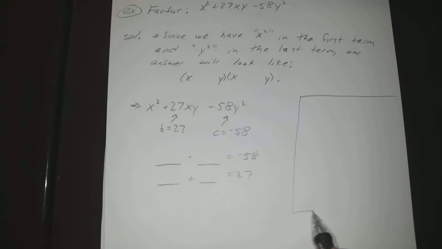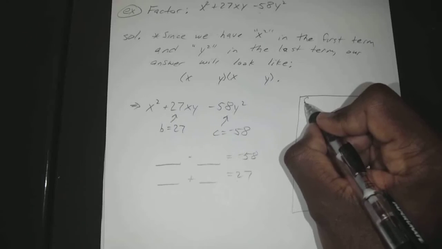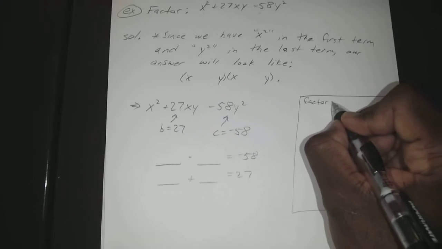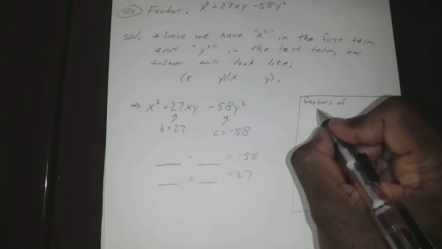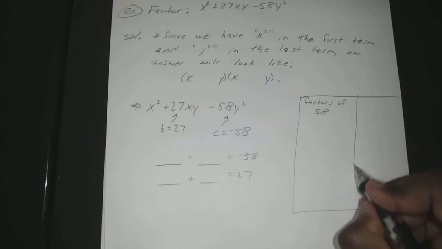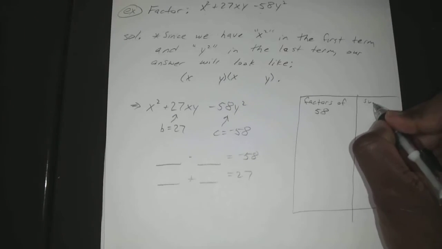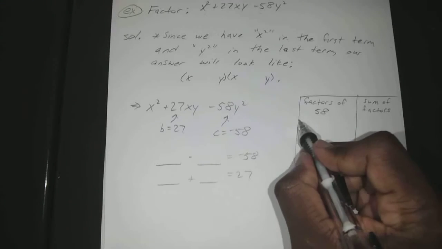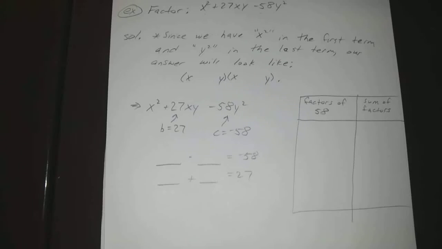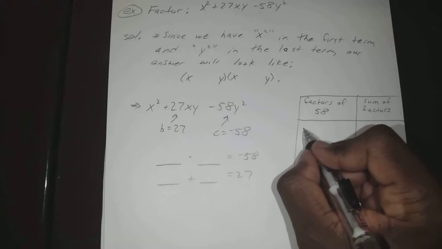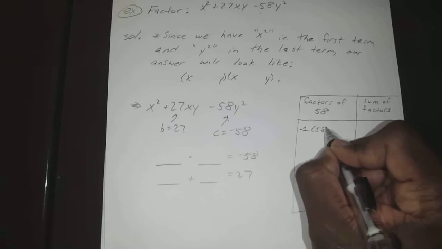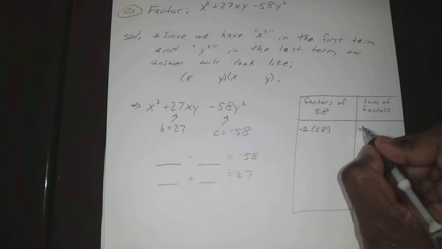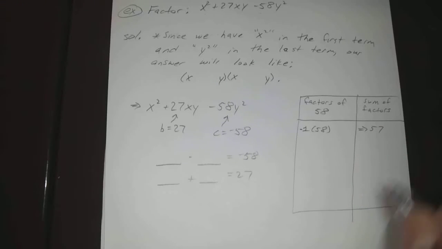Okay, so we have our factors of 58 and the sum of the factors. We know that the larger number would have to be positive, so we have negative 1 times 58, where if we add them together, we'll have positive 57.